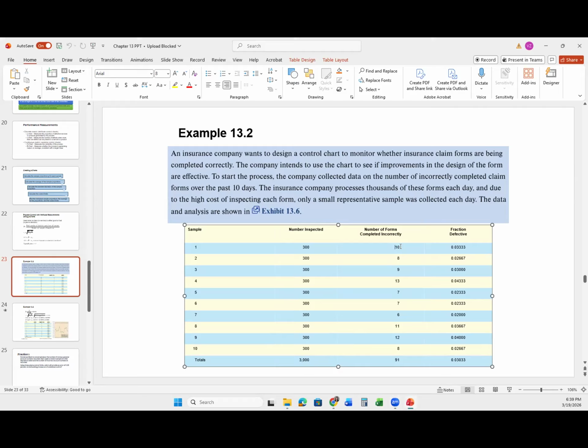And then you just count. For sample 1, you inspect 300 and find 10 of them are defects. For sample 2, you find 8. Sample 3, 9. Sample 4, 13. Until the last sample 10, you have 8. So you sum all of them together, you get 91. So for those 3,000 units you inspected, you find 91 defects.